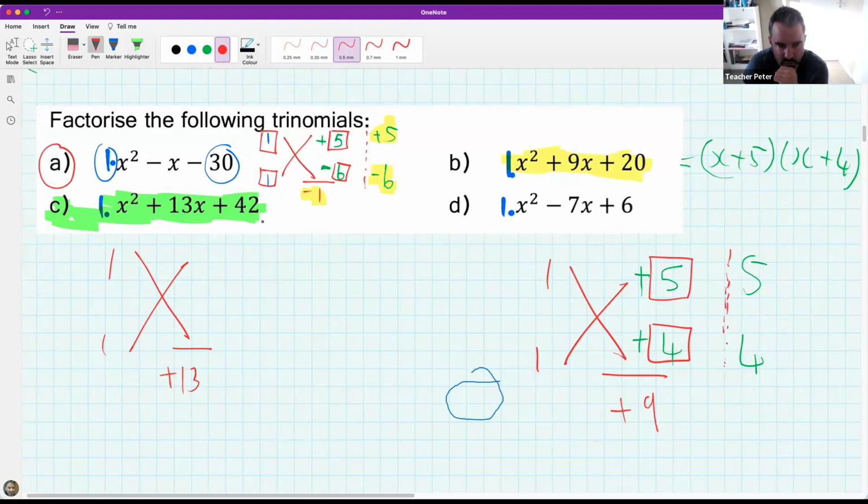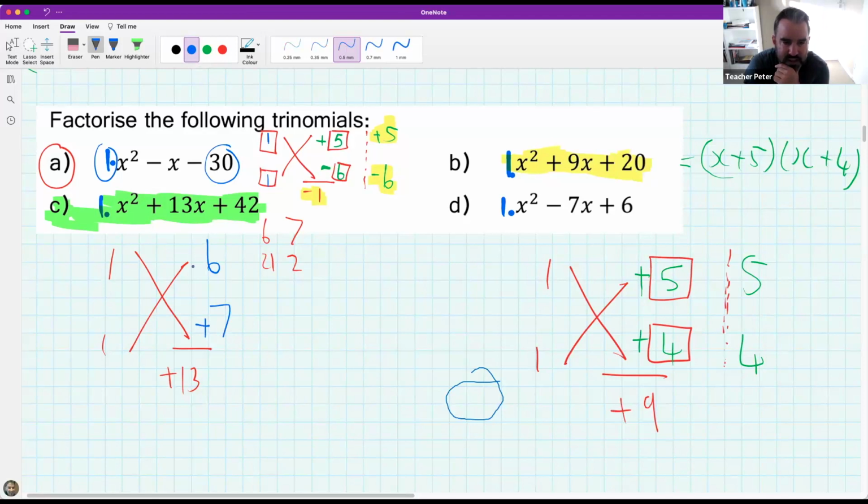So you have to ask yourself, what are the factors of 42? So I remember from my times table 6 and 7, or we could have 21 and 2. But it feels like 6 and 7 are in the right part of town. So 6, 7.